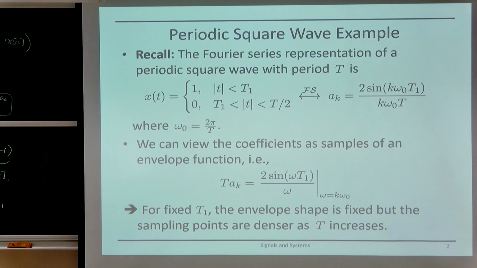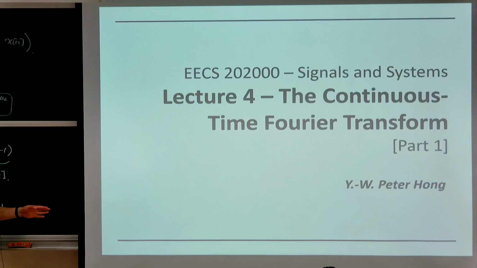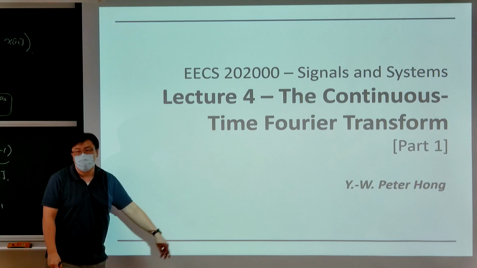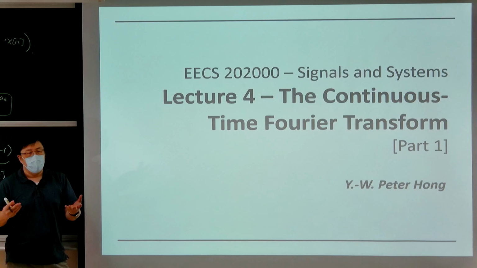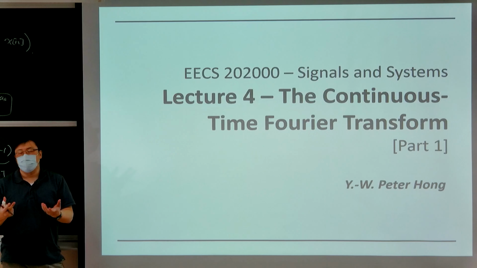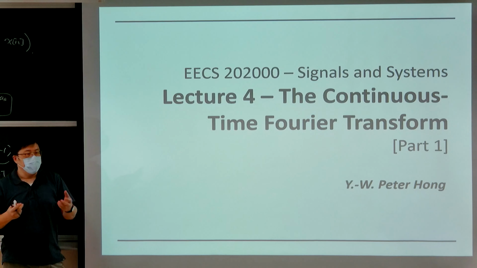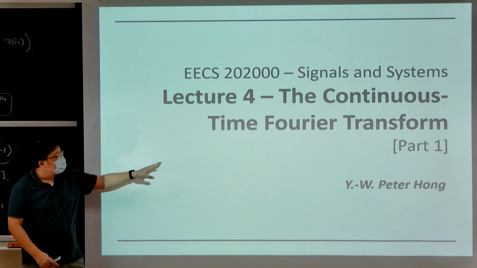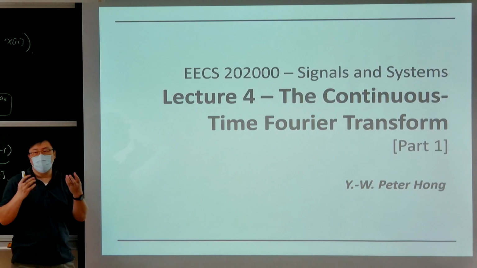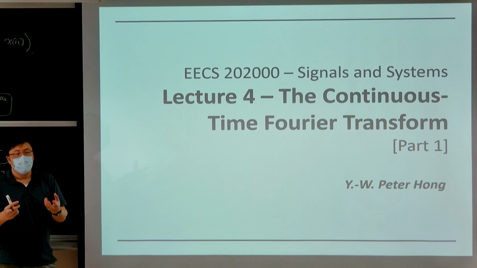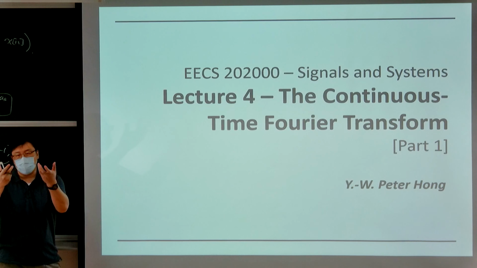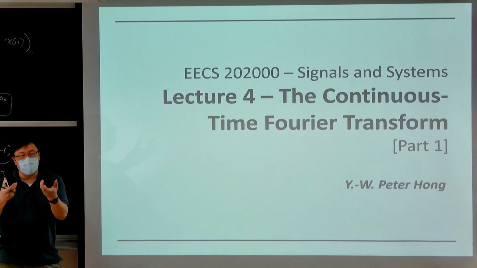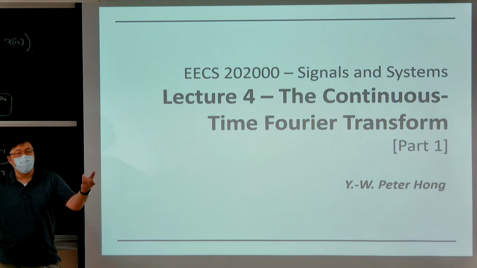All right, so the main idea is like this. We now know how to write out the Fourier series representation for periodic signals. The insight here is that for aperiodic signals, we can actually view them as periodic signals with period that goes to infinity.